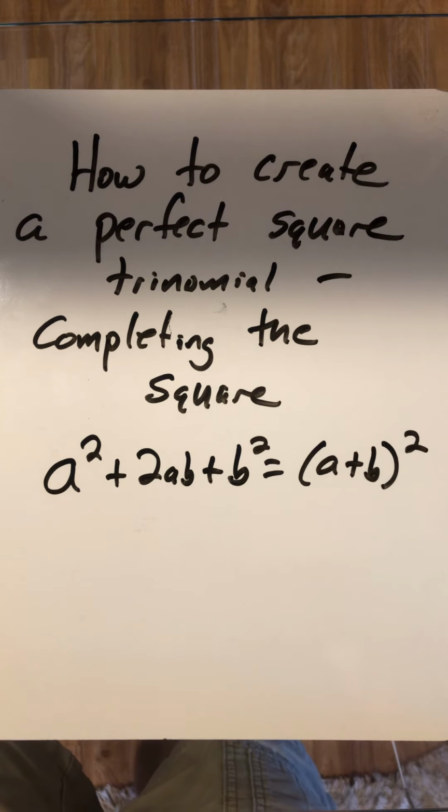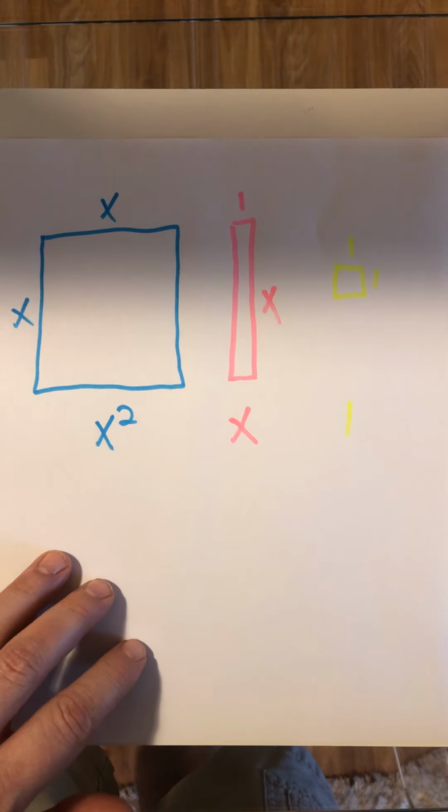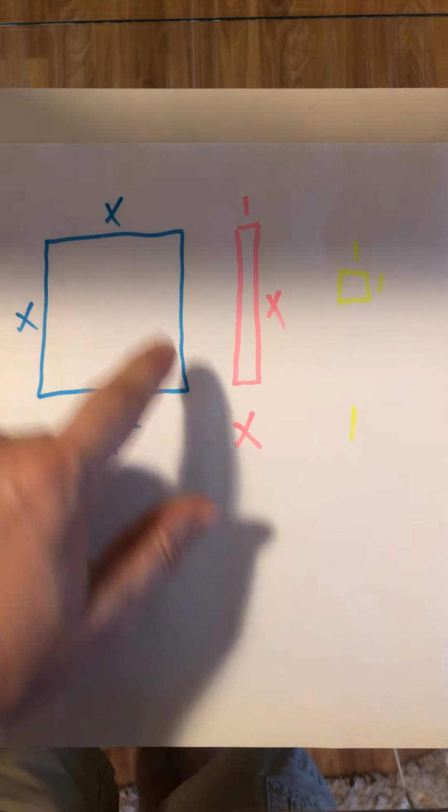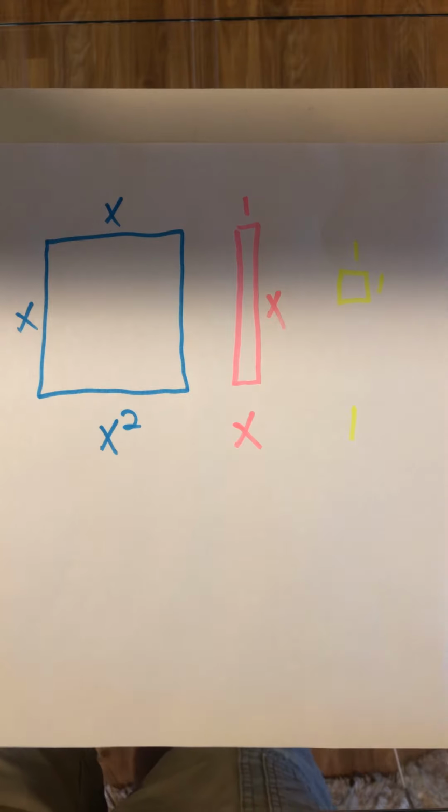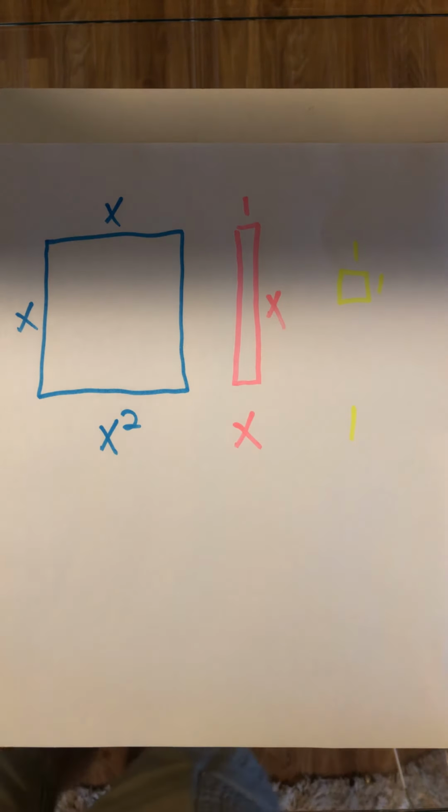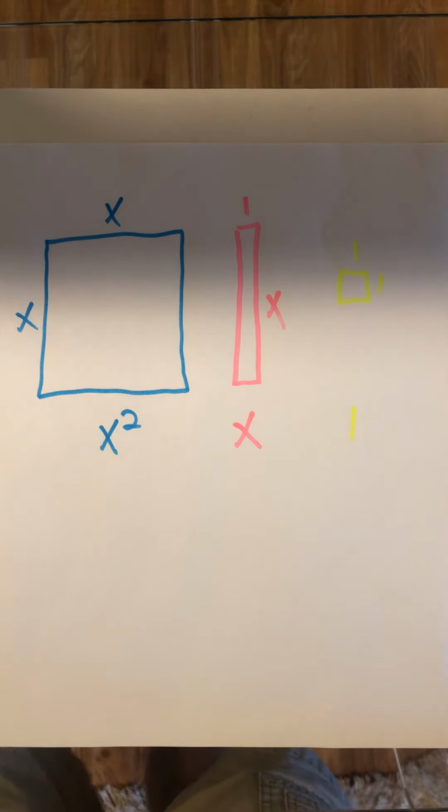In order to understand this a little bit better, we're going to use some tiles or some visuals here, and I'm going to explain to you what each of these represents. This blue block right here is an x by x dimension block. So that would be x squared if we were finding the area of that particular block.